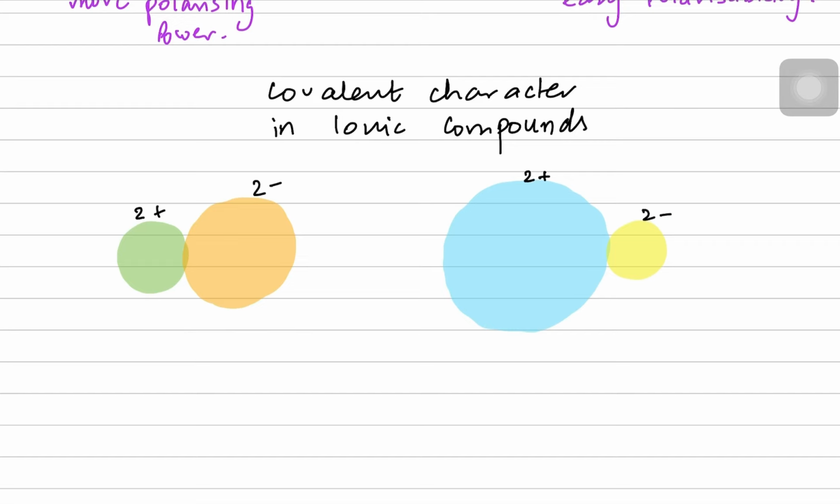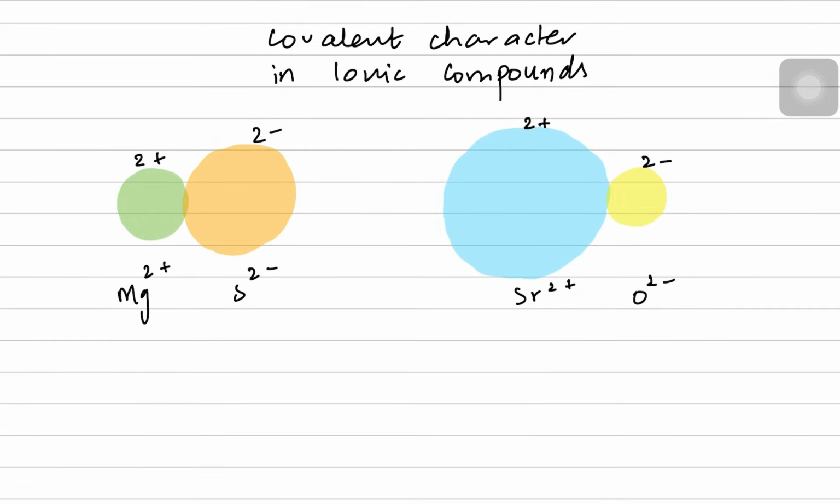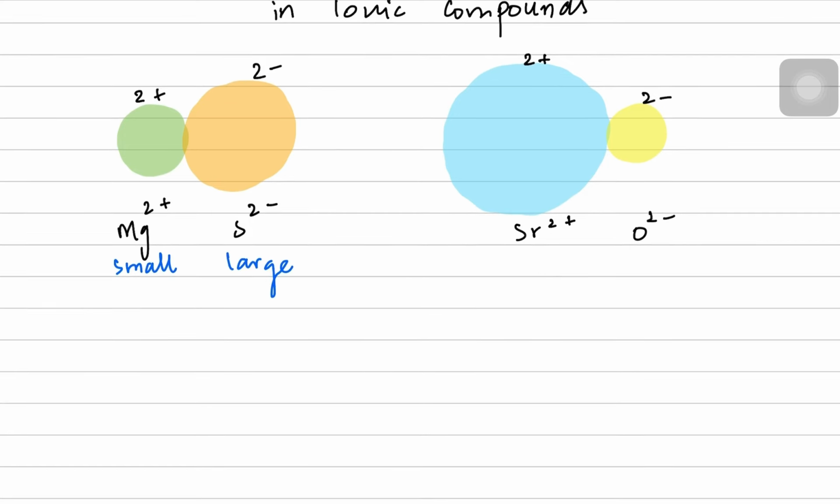So magnesium and sulfide, strontium and oxide. Magnesium is small in size, sulfide is large in size. Small cation means strong polarizing power, right? And the large anion means easy polarizability, easily polarizable.